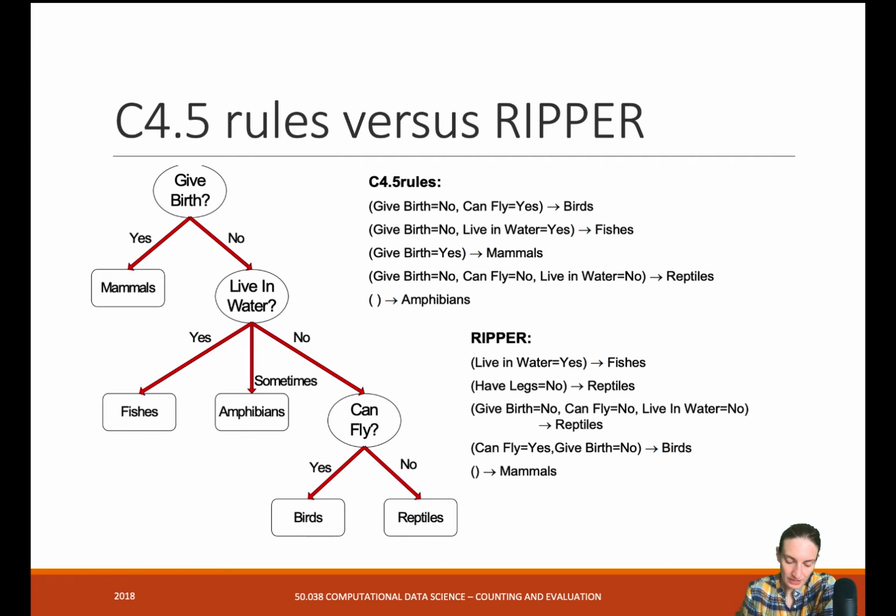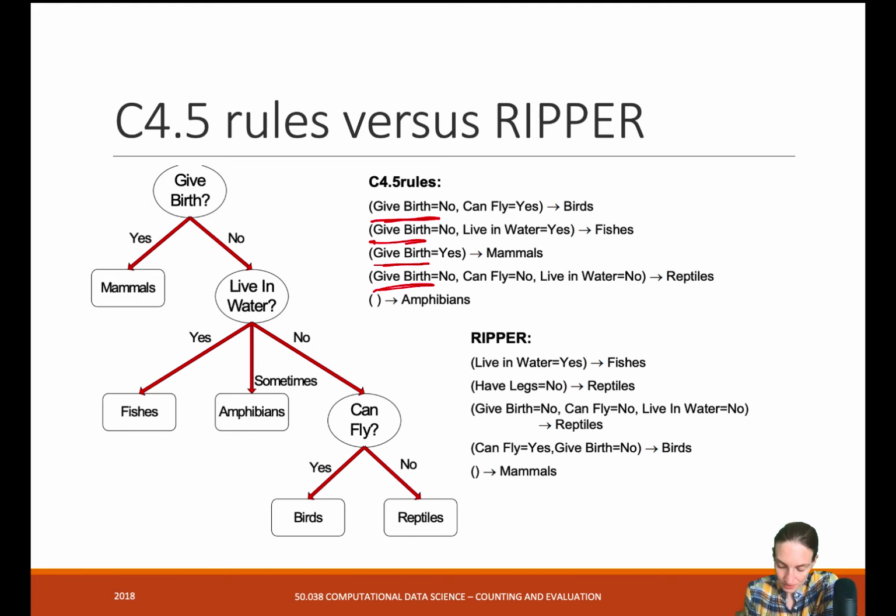Let's have a look at C4.5 decision tree rules versus Ripper rules. This is the example from earlier, whereby we are classifying different animal types. From this decision tree, we can write it out as a rule set. Notice that we have the root node present in all of the rules.